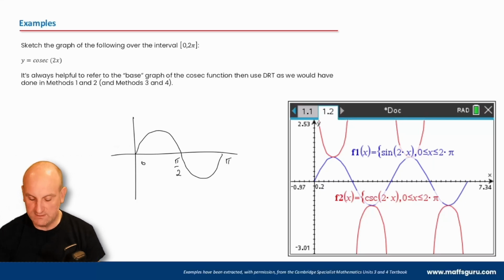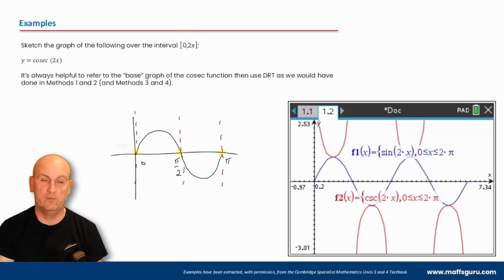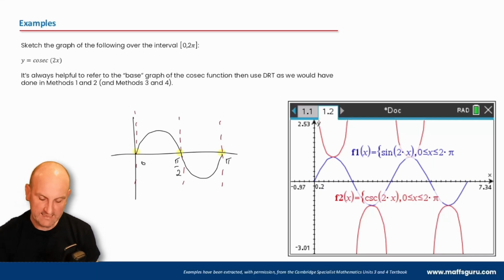So what do we notice here? Well, if I now wanted to draw that, these are important points, highlight these important points, because that is now where we're going to have some asymptotes. So there's going to be an asymptote there, an asymptote there, an asymptote there. Now again, I've got to be careful, right, at the moment, this has a domain between 0 and pi. My original question said between 0 and 2 pi, which I now know means I'm going to fit 2 of these periods in.